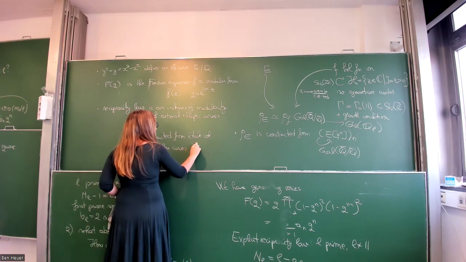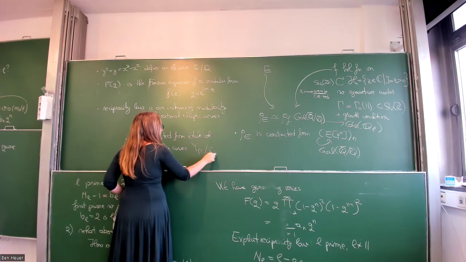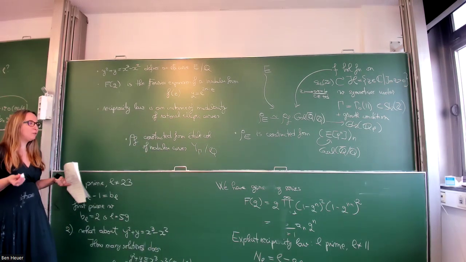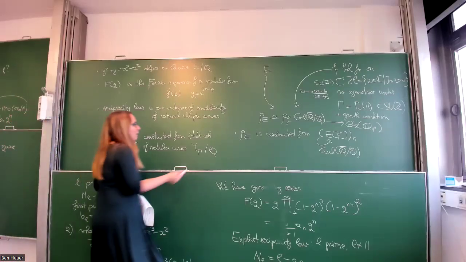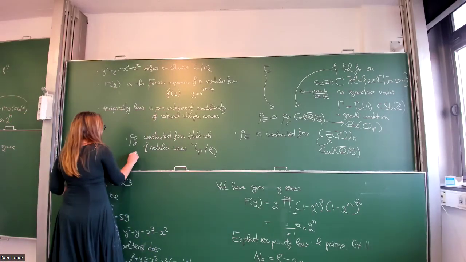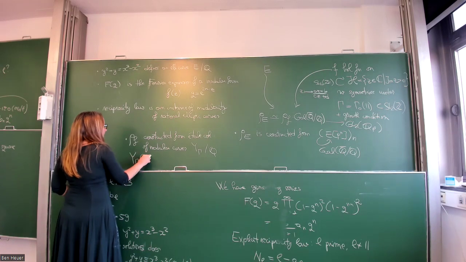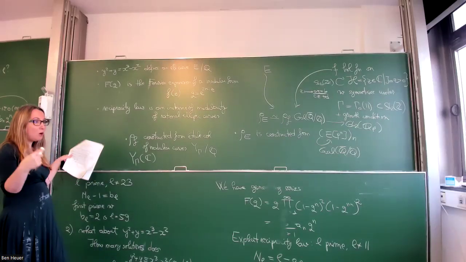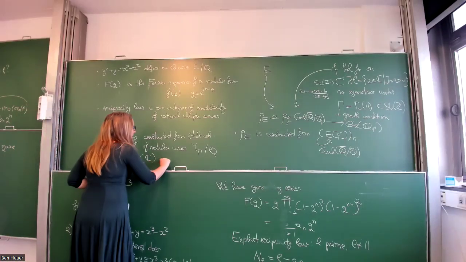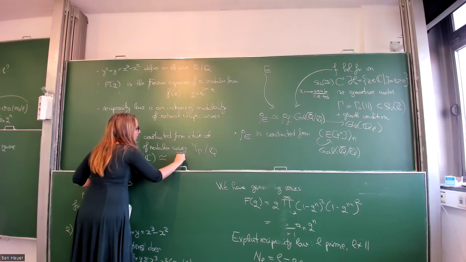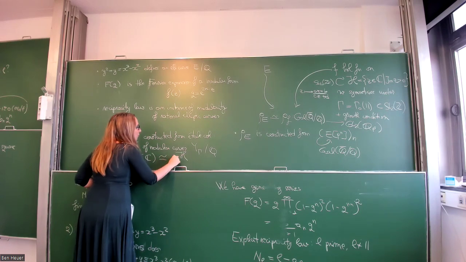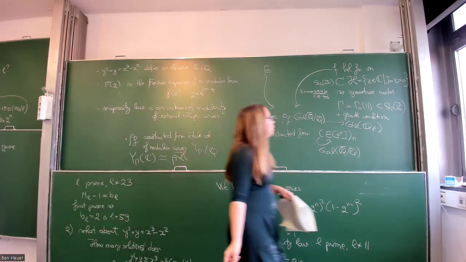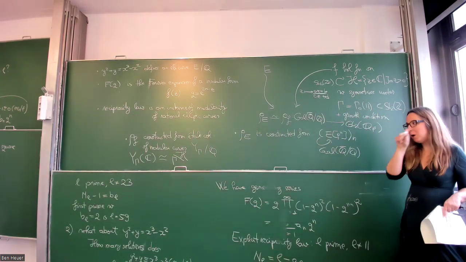So modular curves are certain algebraic curves defined over the rational numbers that have the property that if I look at the associated Riemann surface, so I look at it over the complex numbers, then it can be identified with a quotient of the upper half plane, and it's exactly the quotient under this group of symmetries gamma.